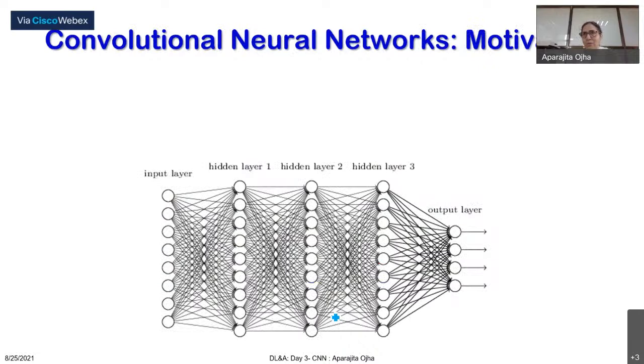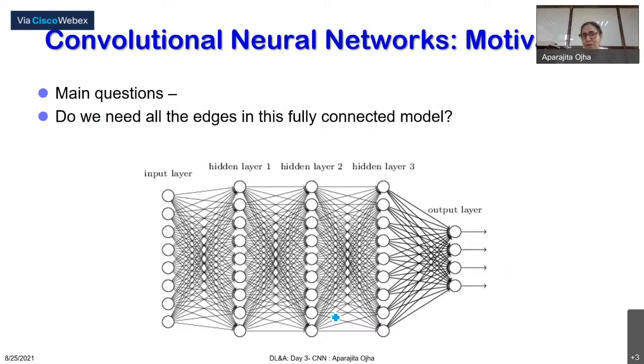If I look at the traditional neural network, that is multi-layer perceptron, the question is, do we actually need these edges in the fully connected layers? Are they going to help us gain something new from the image data? And can some of the weights be shared?